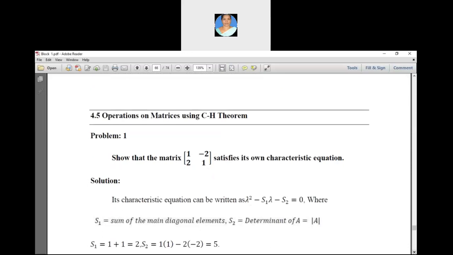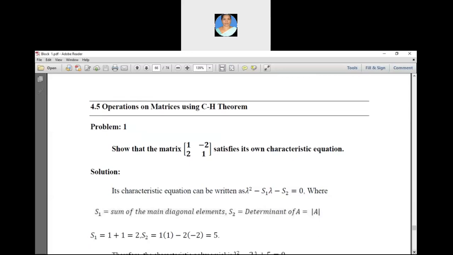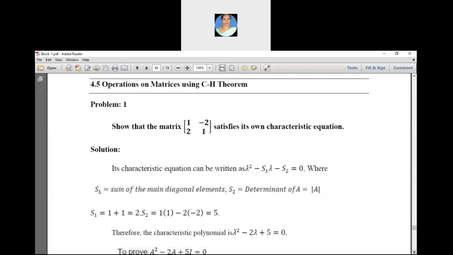Now you see our problem examples. Show that the matrix 1, minus 2, 2, 1 satisfies its own characteristic equation. Solution: this is our 2 cross 2 matrix, so the characteristic equation can be written as lambda square minus S1 lambda plus S2 equal to 0, where S1 is the sum of the main diagonal elements and S2 equal to the determinant of A.